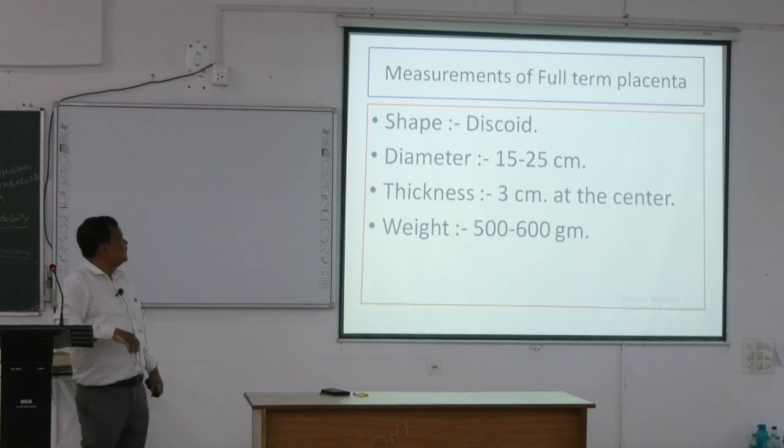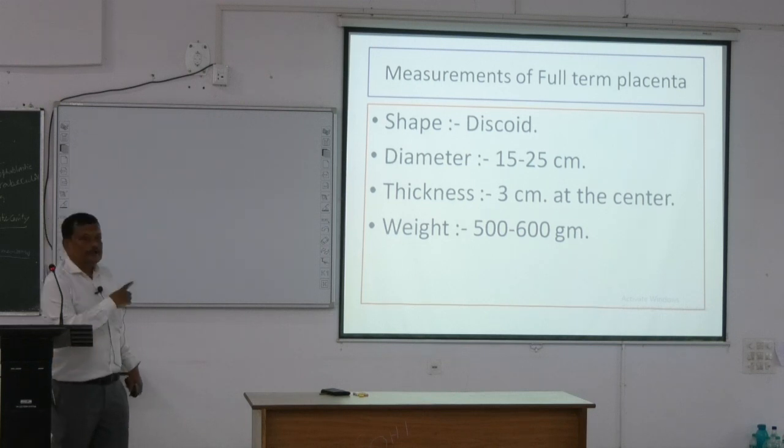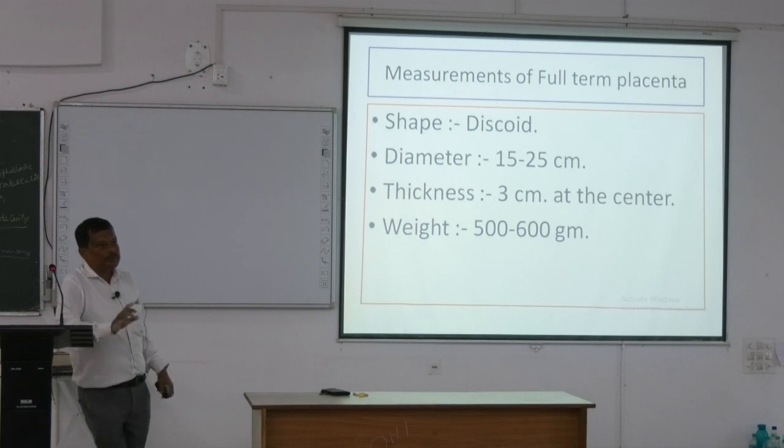Shape is discoid. This is important for short notes in the exam: diameter 15 to 25 centimeters, thickness 3 centimeters at the center, weight 500 to 600 grams.